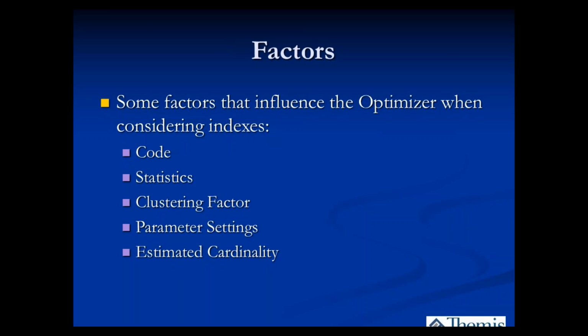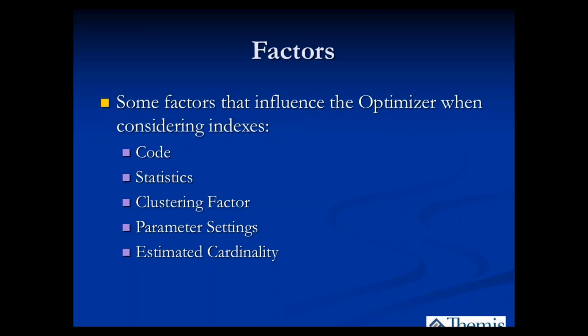We're not saying to use these as a first resort when an index is not being used, but the purpose of the presentation is to identify those things that could influence the optimizer, so that as you go down your list, checking your code, the statistics, what indexes are really out there, the clustering factor and other things, you might also, if all else fails, take a look at those parameter settings too.